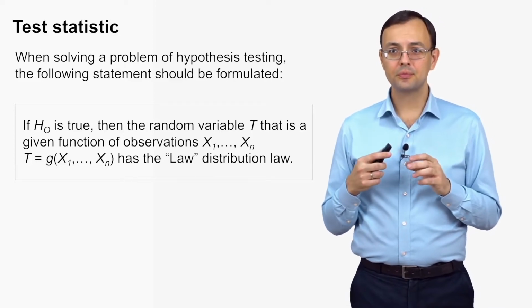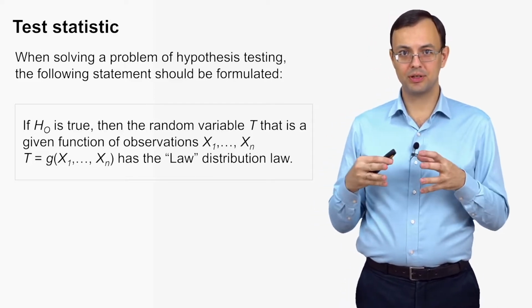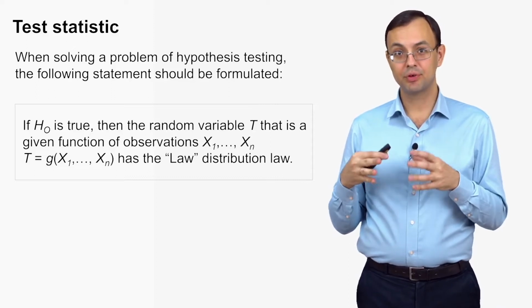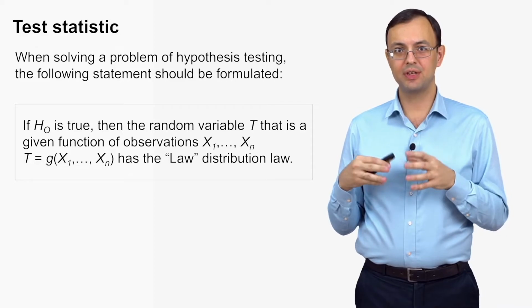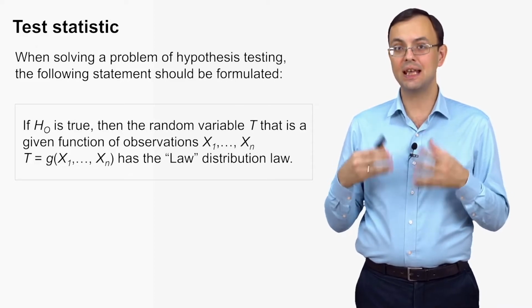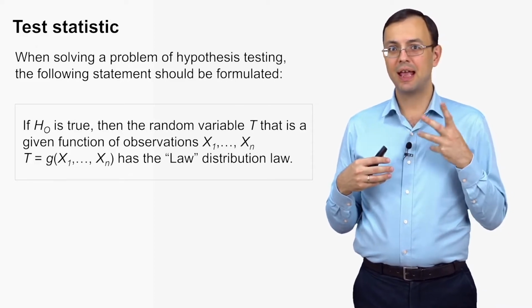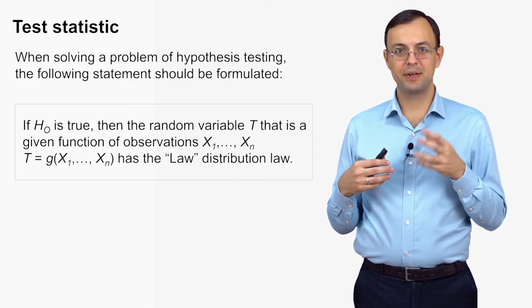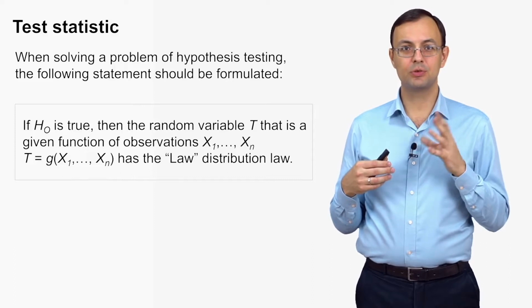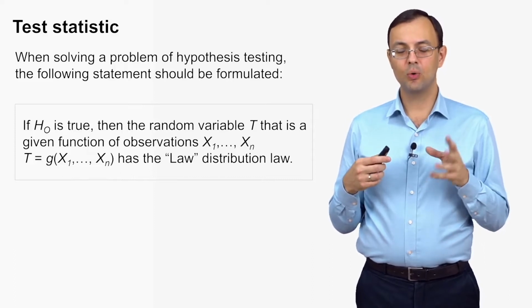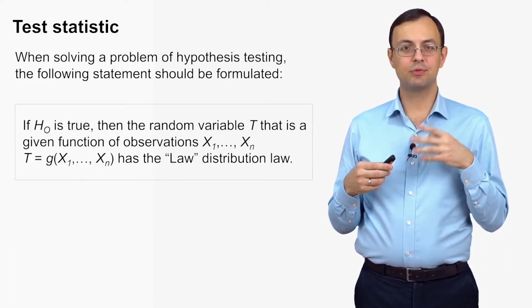So you are to have the formula for this T, for this random variable, and you are to have the distribution, either the name of the distribution, like for example exponential distribution with parameter 2, or normal distribution with parameters 0 and 1. Or the PDF or the CDF.